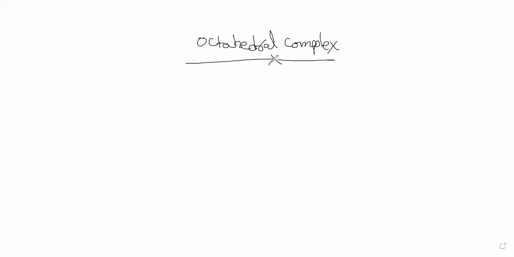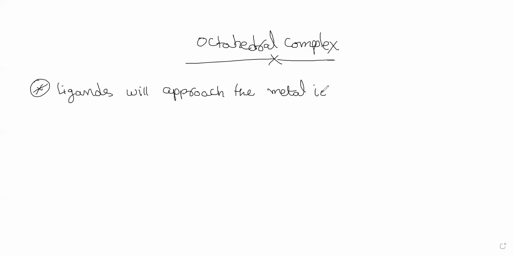For the octahedral complex, you have to remember one major point: ligands will approach the metal ion through the coordinate axes. Remember this, coordinate axes. So you see this one.